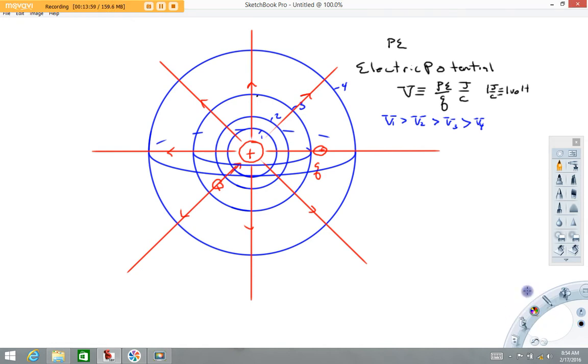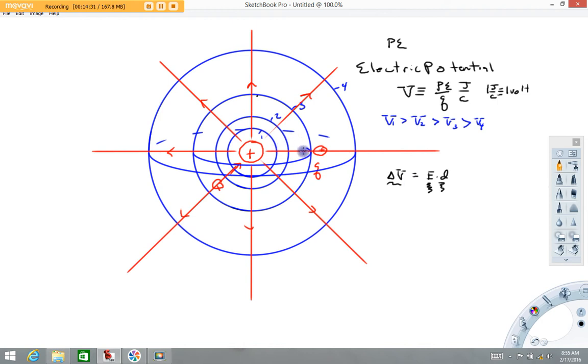First, let me just talk in an algebraic sense. If the electric field is constant, the difference in electric potential is equal to basically field strength times distance. Now, here the electric fields are not constant, but if we think of this in an average sense, in this region we're close to this charge, the electric field's relatively strong. So it takes a very small distance to get a relatively large change in potential.